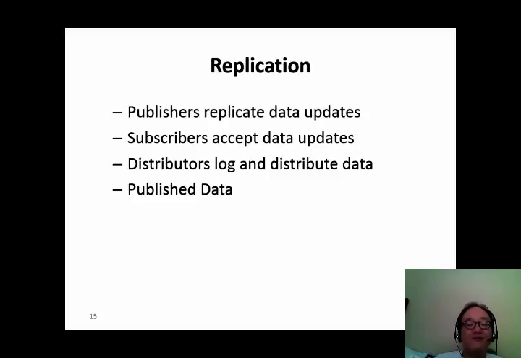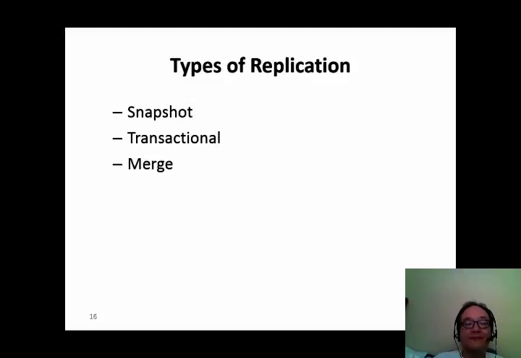Distributors help with the replication process. The data published by the primary database is called published data. Sometimes the published data is called articles. There are three types of replication: snapshot, transactional, and merge.